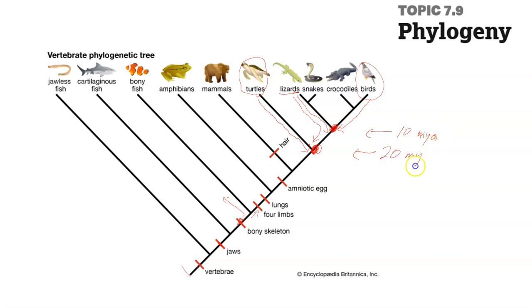We'll say 20 million years ago, just to put a number to it. That means that they had more recent relatives. Obviously, these numbers are way off, but they have more recent relatives. The lizards and birds have a more recent common ancestor, right, than turtles and lizards, which diverged much sooner than lizards and birds did.